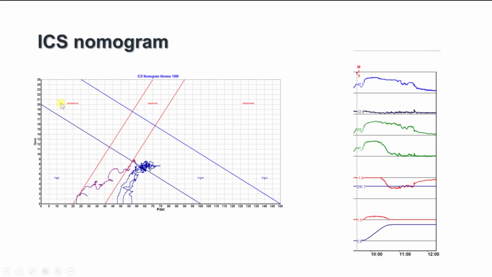On the left side, unobstructed; between these red lines is equivocal; and right of the red line is obstructed. So this is borderline obstructed. Similarly, we're looking at blue lines from below upwards. Below is weak, between lines is normal, and above the blue line is strong detrusor. So this patient has normal detrusor and obstructed outflow.